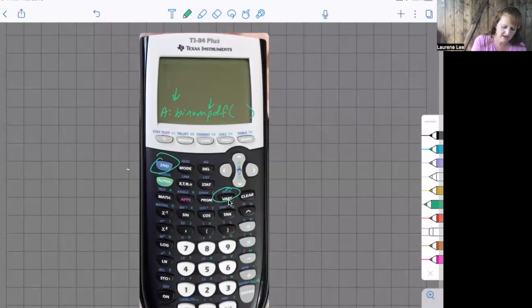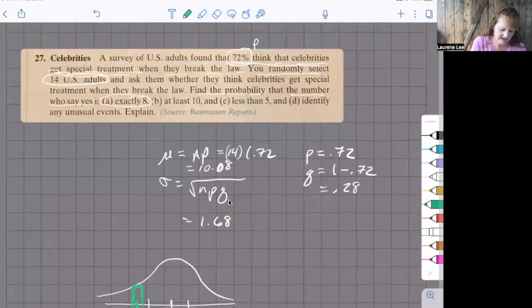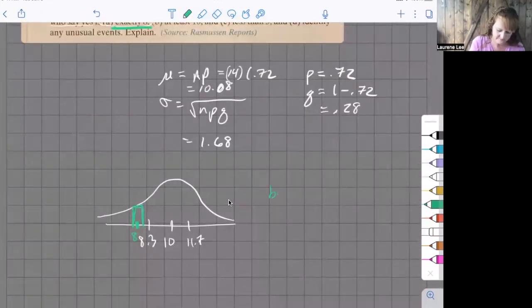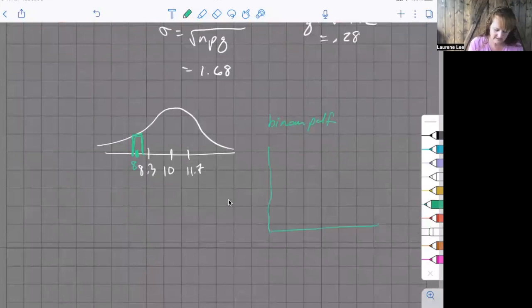Okay, so if I'm asking what's the probability that I have exactly 8, that's just that one value, that's a point. So I'm going to go binom PDF. And when you select that on the TI, it'll give you a screen and it'll ask you the number of trials, that's your N value.